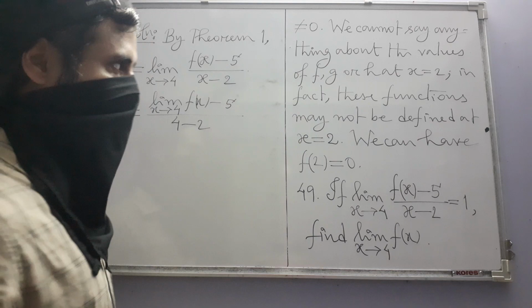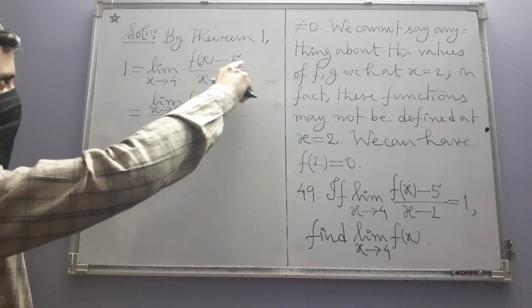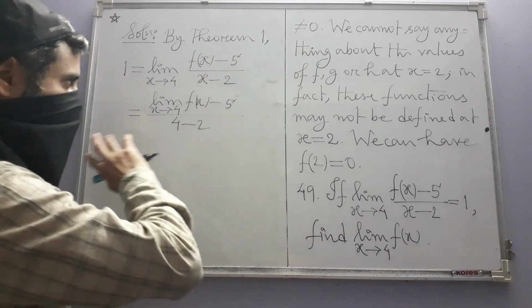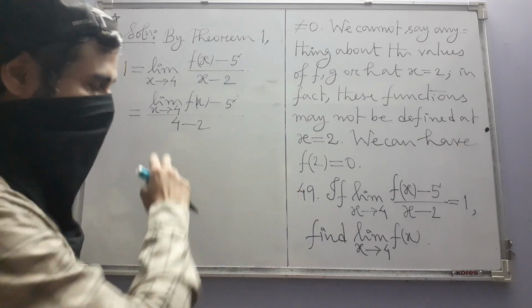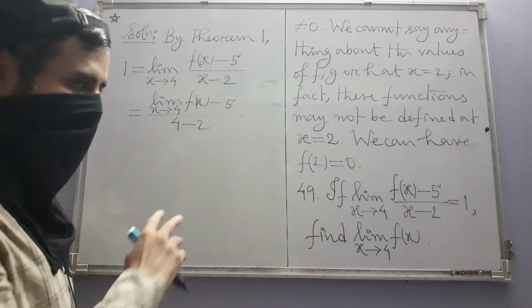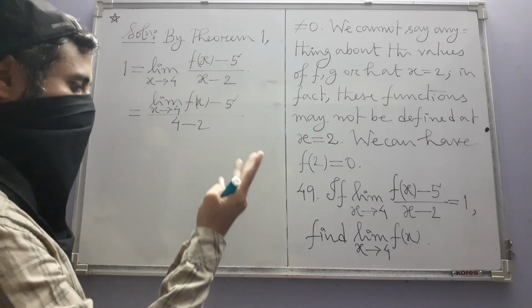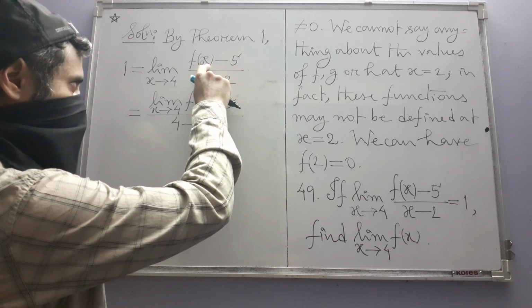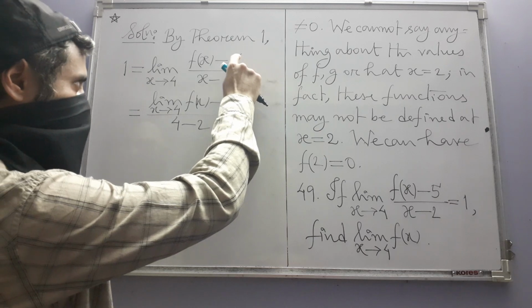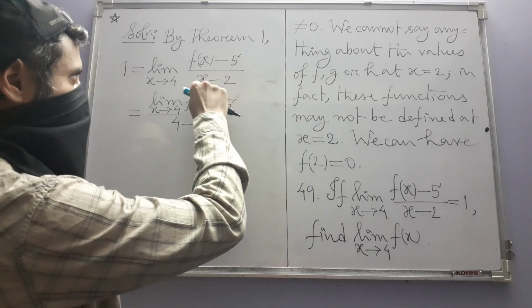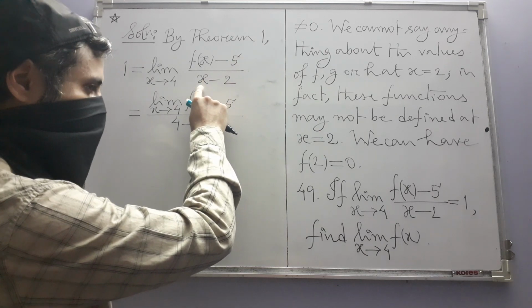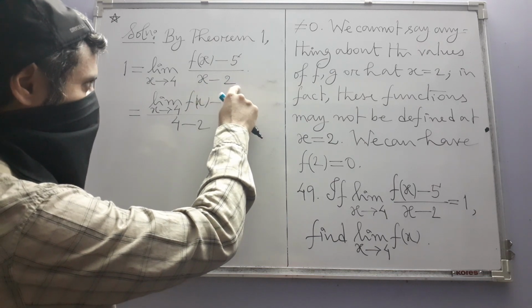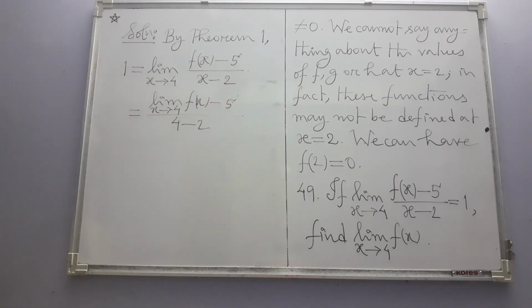Well, if we break this thing down into its components, we see 4 things here, right? One of the functions is our f, the other one is the constant function 5, there is this third function x, the identity function, and then we have the constant function 2.